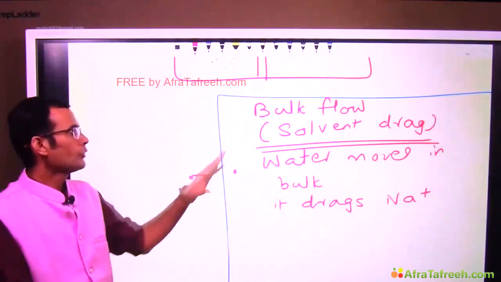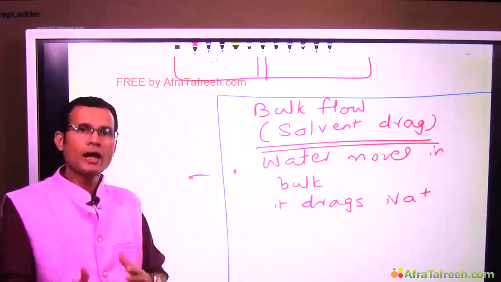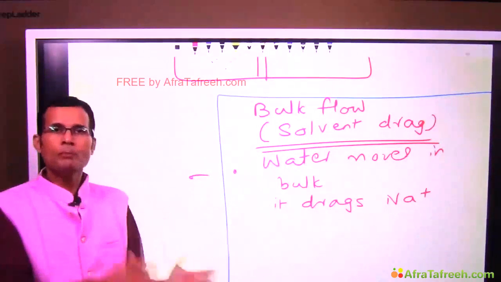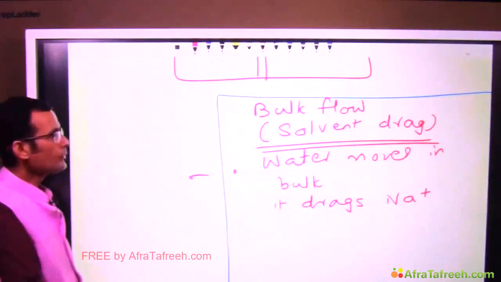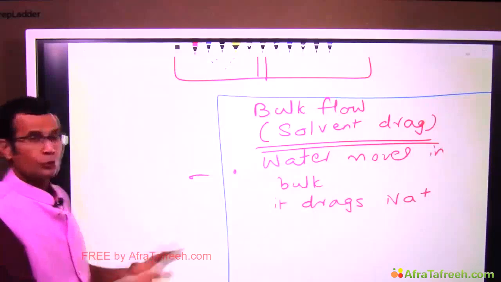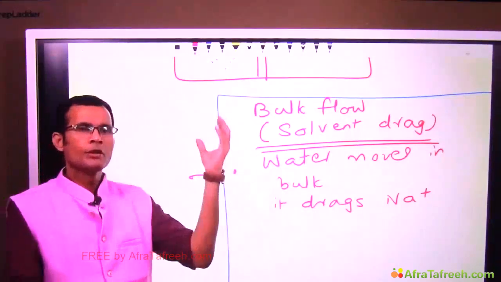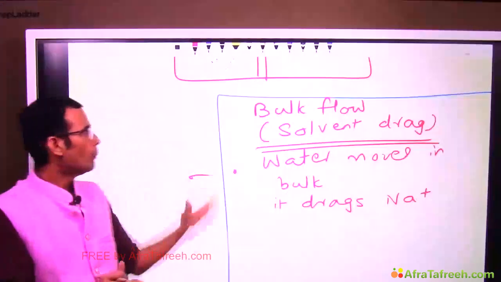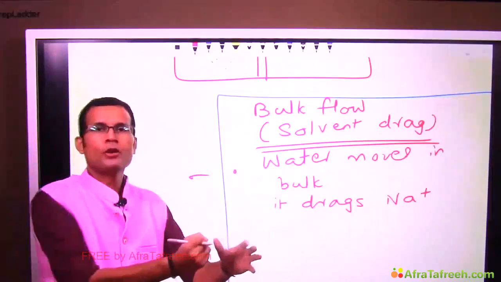So, solvent, water, and therefore it's called solvent drag. Water is dragging the sodium. As water moves in bulk, it is dragging the sodium along with it. Right. Make the distinction. Osmosis, high sodium is pulling water towards it. Bulk flow, water moves in bulk and it pulls sodium along with it.